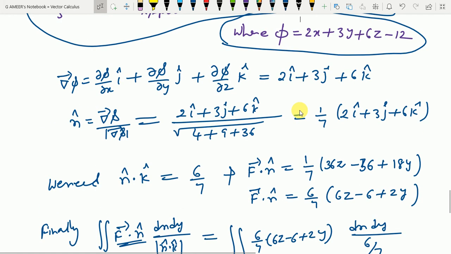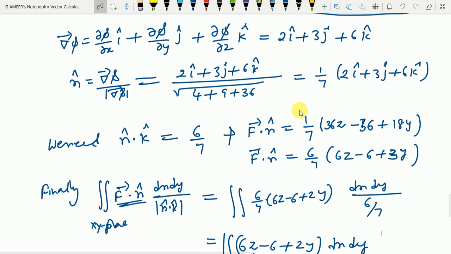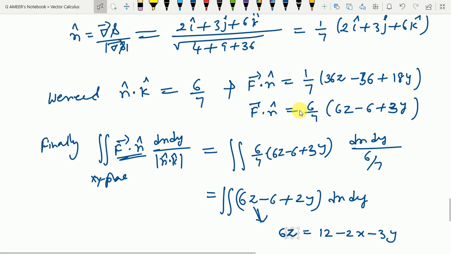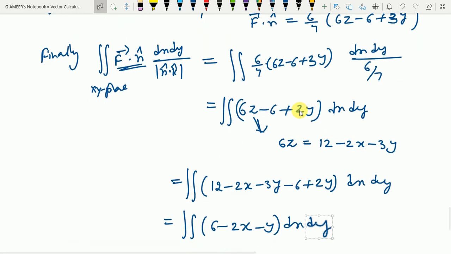When I check the calculation here, I made a mistake. When I take the 6 common, 6 6 ja, 6 6 ja, 6 3 ja, this will be 3y. The rest of the things will be correct, so it will come as 3y. So that means the 3y will cancel.